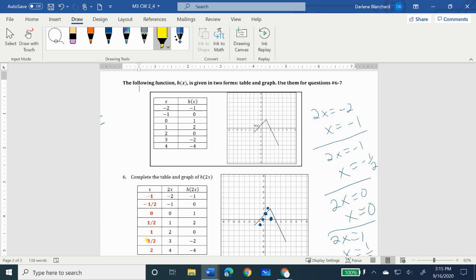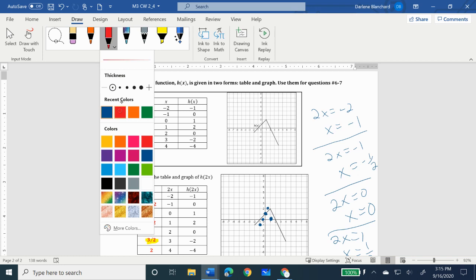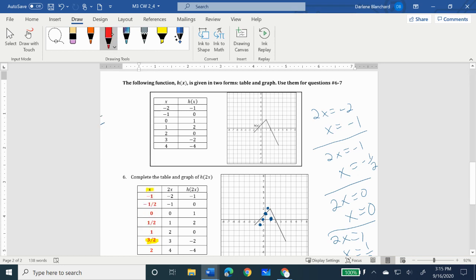Next, 3/2. 3/2 comes in as an x coordinate. As an x coordinate, it is located right there, right in between 1 and 2. It is doubled. 3/2 times 2 gives me 3. Whatever h of x has in that parentheses is who it's taking.